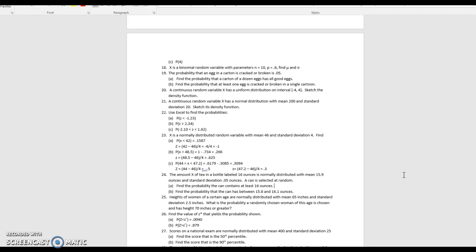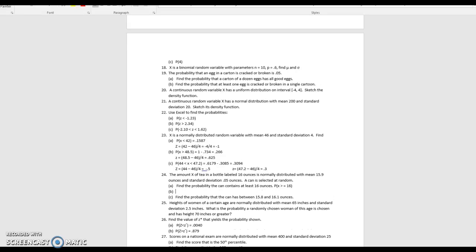Now, let's realize at least means that what we're looking for is that X is greater than 16. Or equal to, greater than or equal to, but of course that will end up being the same calculation in our normal probability, whether it's equal or not. Alright, so let's actually first do our z-score, and then because this is greater than, realize when we look up our z-score, we're going to have to subtract from 1 to get the actual probability.